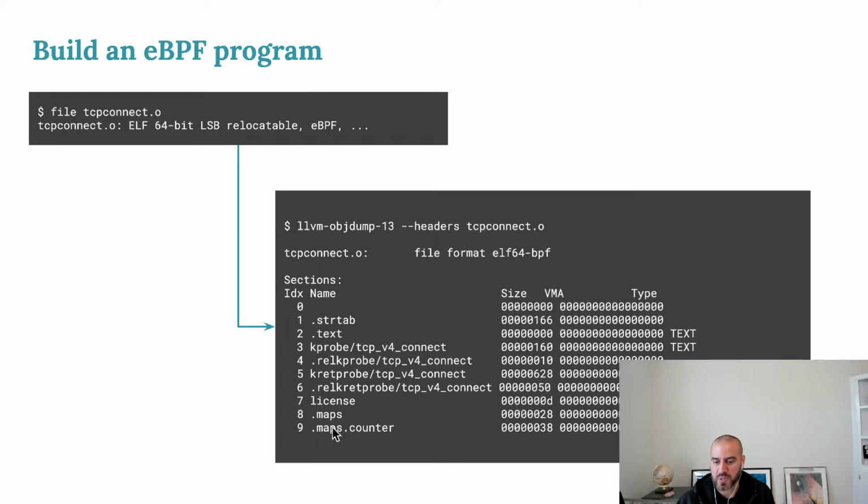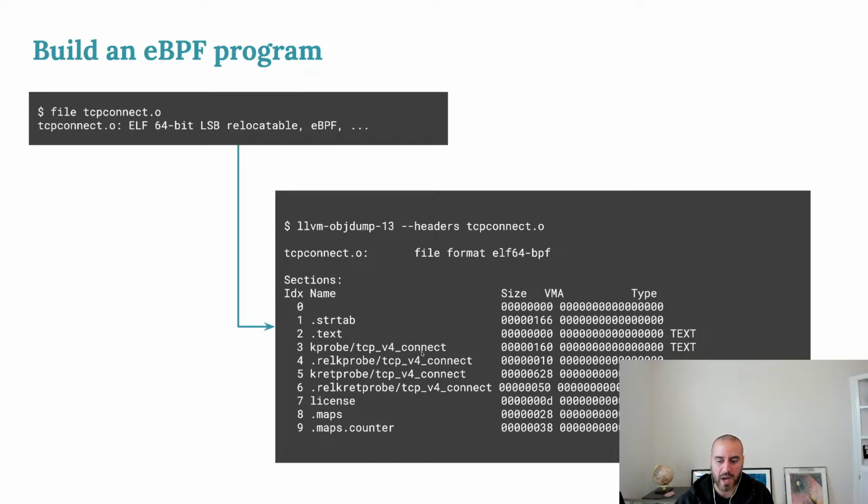We talked about maps, and then in our previous example, we have various kprobes and kretprobes. The kprobe is when you enter your kernel function. The kretprobe is right as you return from that function. So you can see that we have the kprobe and the kretprobe for tcp_v4_connect, which is what we wrote our probes for.